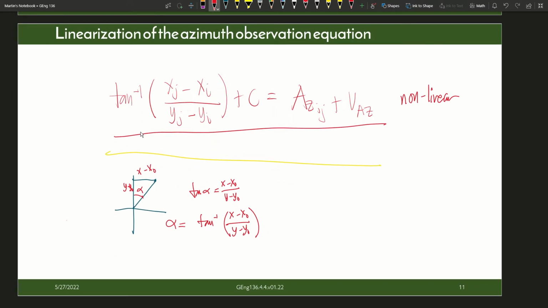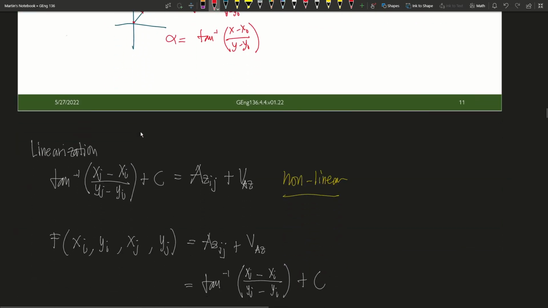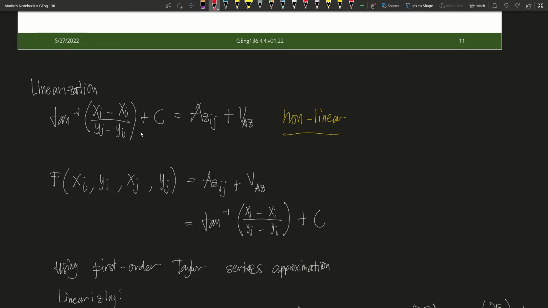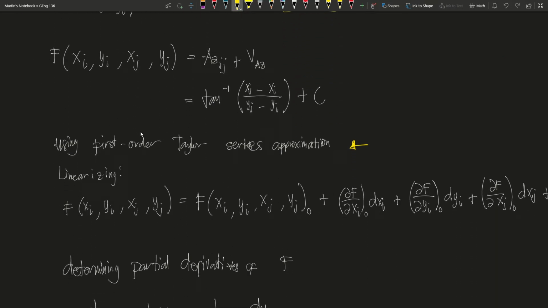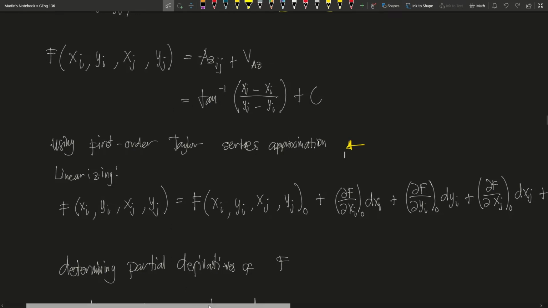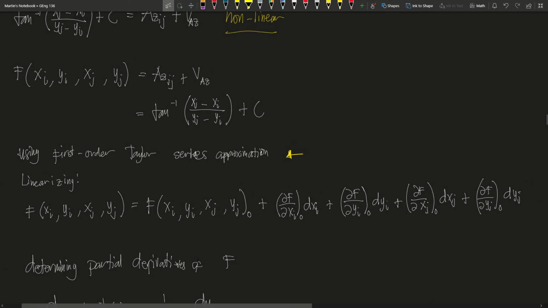So we equate this equation to this function. Then from this function, we have this one, okay? So we just add this function. Since this is nonlinear, we use the first order Taylor series approximation to linearize the equation. So here we have the function equal to f of x sub I, y sub I, x sub j, and y sub j not, okay?